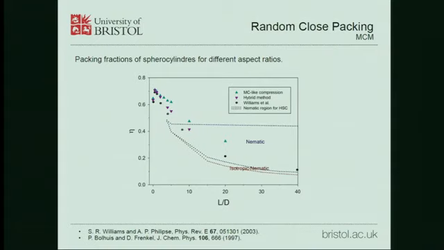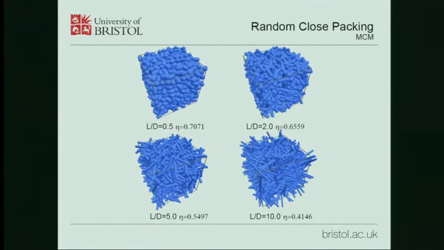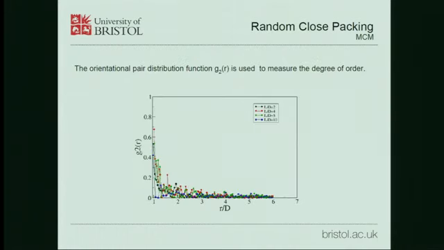In this case, our packing fractions are slightly lower, and this indicates also that we have less order. There are some pictures of some of the packing fractions, and we calculate again this pair distribution function. As you can see, this goes down earlier than before.